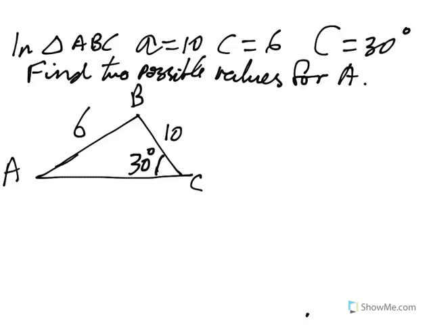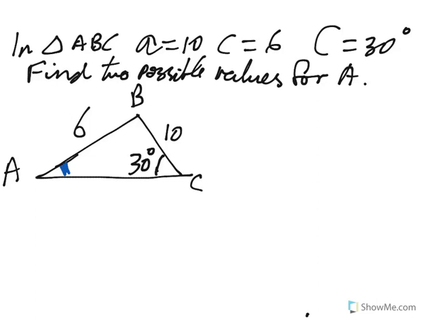Alright, so it's this side here, side that we could swing around, okay. And yes, we could swing it around and intersect there and then over here somewhere. Alright, so let's get rid of those last two constructions. And two possibles for angle A, so we're looking for those two there.